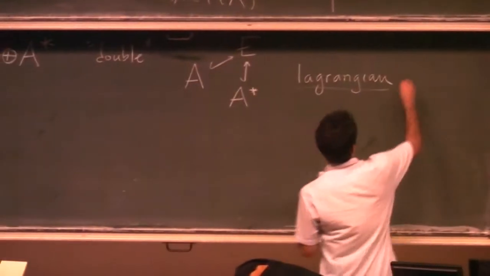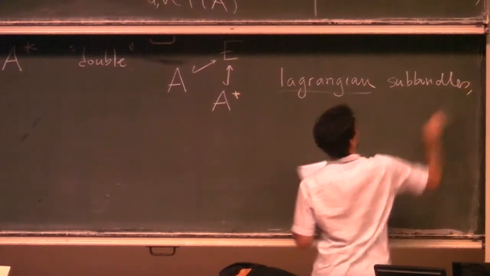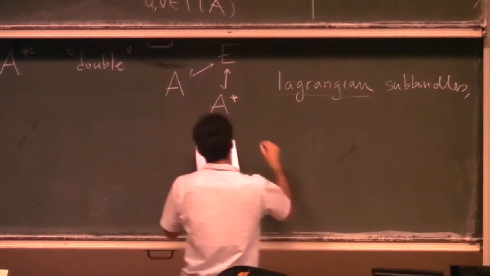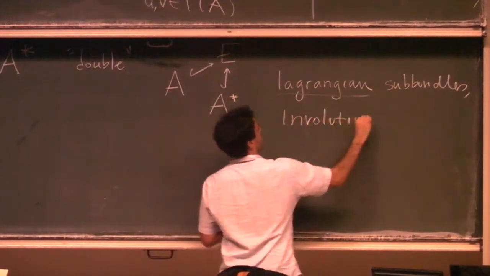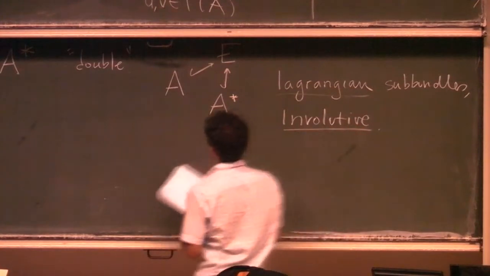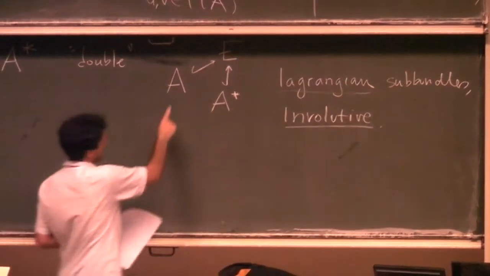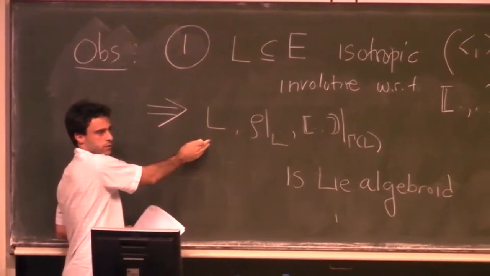So they are Lagrangian subbundles, and involutive. Right, that's how A and A star, and the Lie algebroid structure that each one has, is really inherited from the big one in this way, just by restriction.